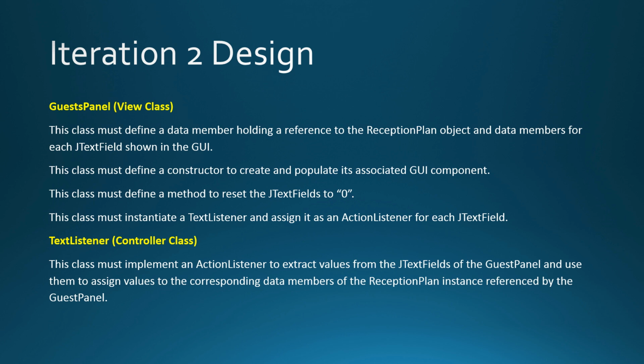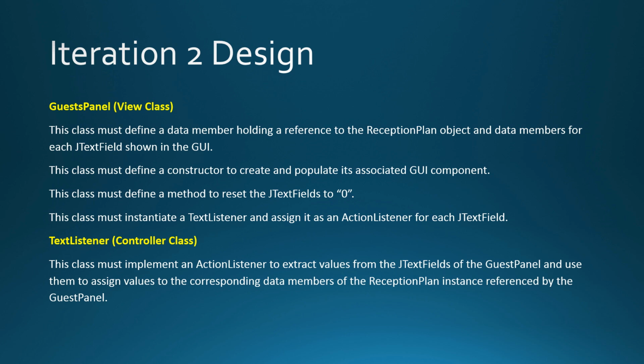We're also going to instantiate the text listener, that is the controller component, and assign it as an action listener to each text field. So we're just going to have one action listener, similar to what we did with the actions panel. So each text field will invoke the action performed method on that single instance of the action listener.